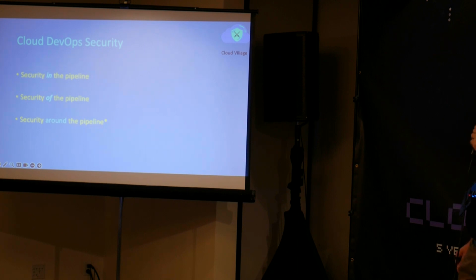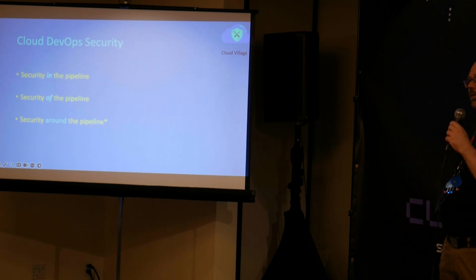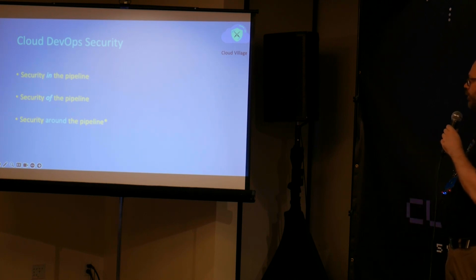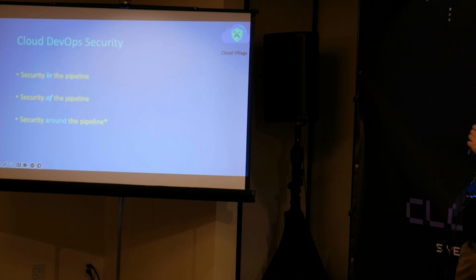So before I continue and talk about most of the security controls, I just want to break down three things that you might have seen when we are talking about DevOps security or pipeline security. The first one is security in the pipeline. It's when you make sure that the code you create or build is secure. So you put in the pipeline a credential scanner or something like that, or a SAST tool.